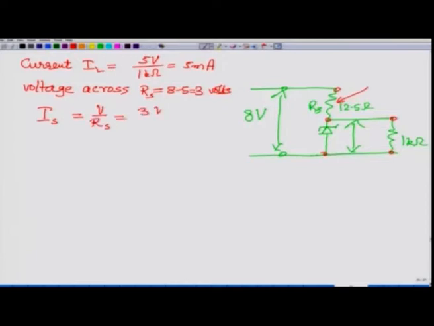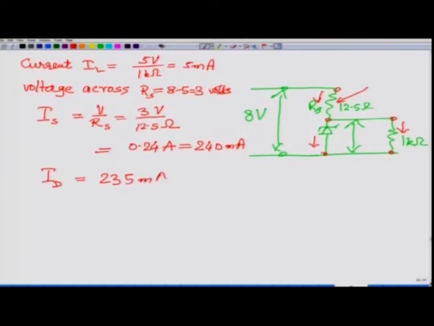Voltage is 3 volts and resistance is 12.5 ohms. So, how much is this? This is 6 by 25, 24 by 100, 0.24 ampere or 240 milliampere. See how the current has changed. And so, what is the current through this Zener diode? 240 milliamperes are going here, 5 milliampere is going to the load, the rest is going through the diode. So, ID will be 235 milliampere.